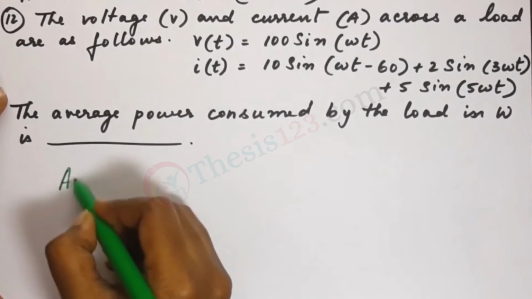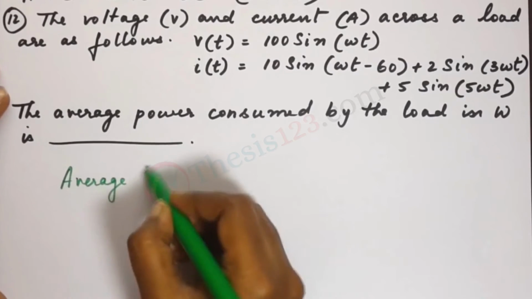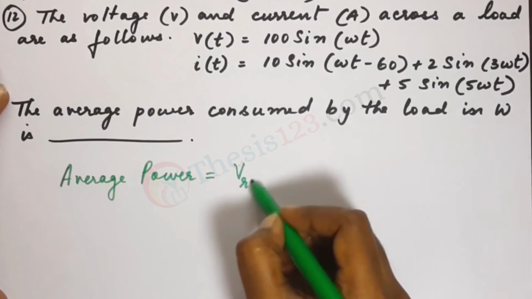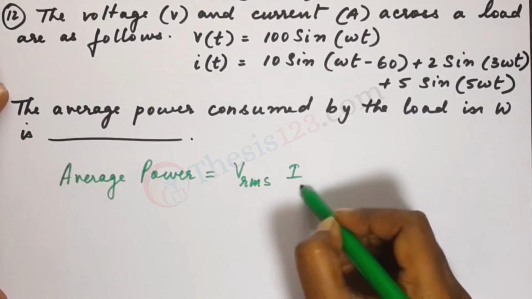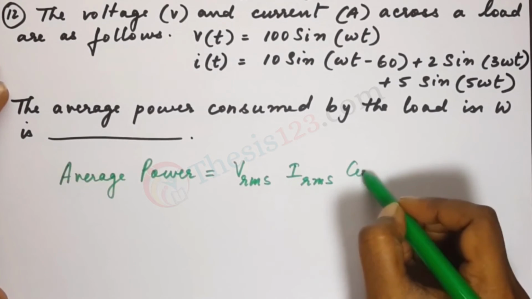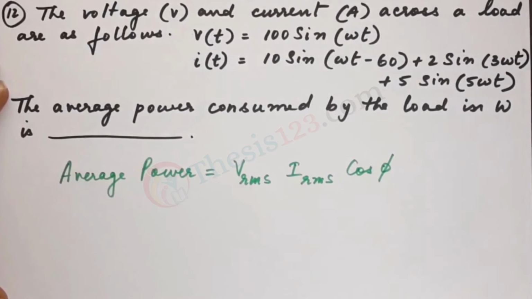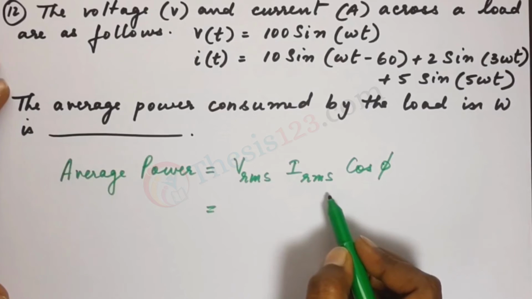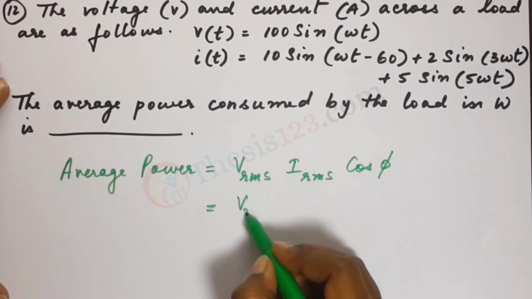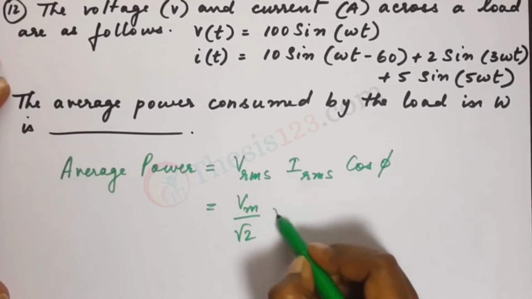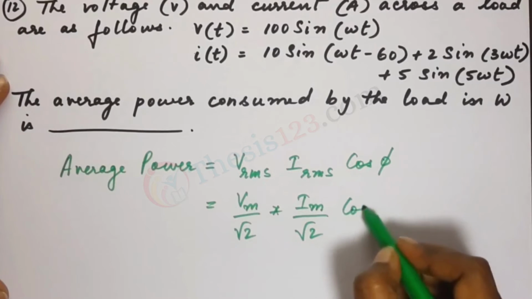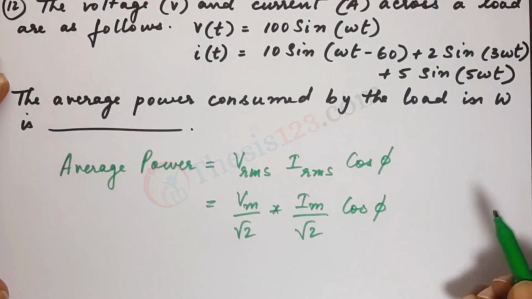So the average power is given by Vrms times Irms into power factor cos phi. Now Vrms and Irms in terms of peak voltage and peak current is Vm by root 2 into Im by root 2 into cos phi.